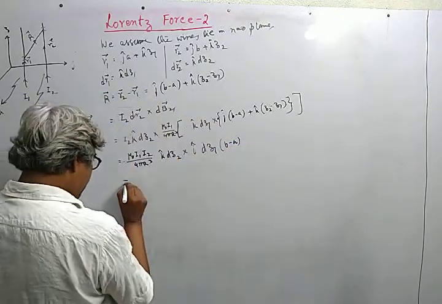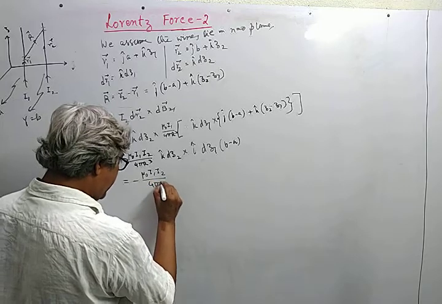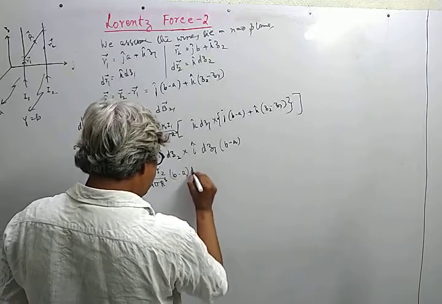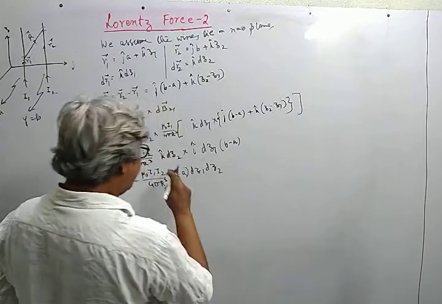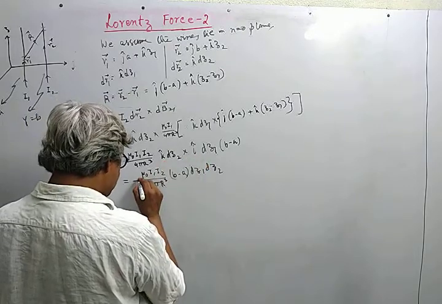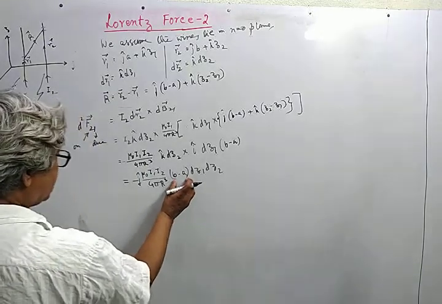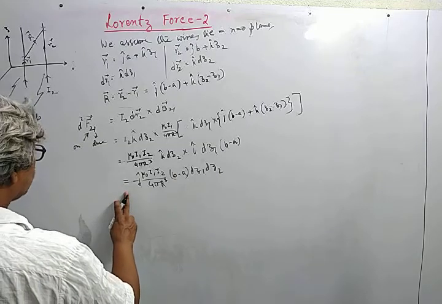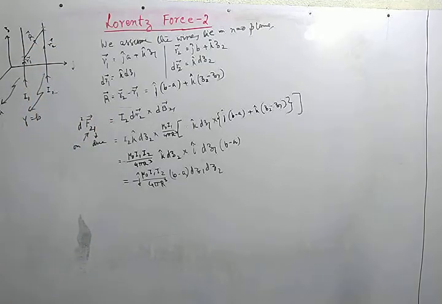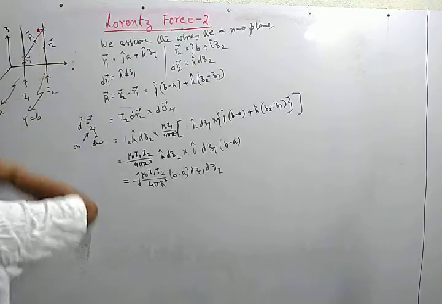So if we write it, minus mu 0 I1 I2 upon 4 pi r cube, (b minus a) dz1 dz2, and the vector direction is this, k cross i is plus j, so since this is positive, this force is on the negative y-axis, that is, the force that acts on conductor 2 due to conductor 1 is along this direction.